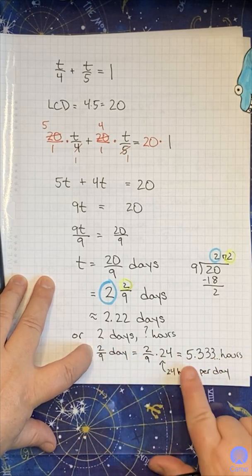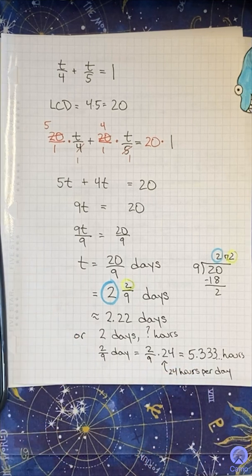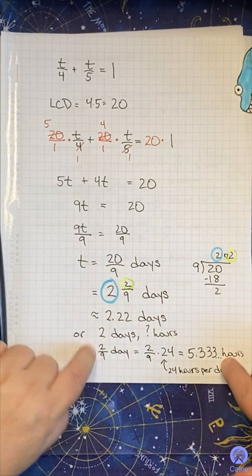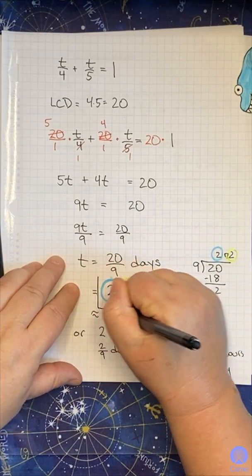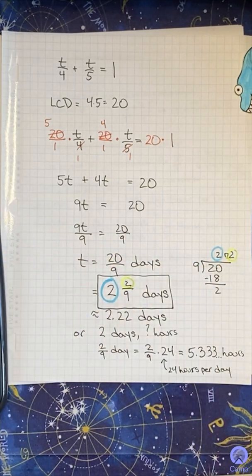It's 2 days and about 5 hours, but that's only if you consider a 24-hour day. And if it's a different kind of day, we'd have to find out more. So this is kind of like green, yellow, questionable. This is the best answer. But again, we're going to have to pay attention to the problem. It'll give us more information about how to consider it.